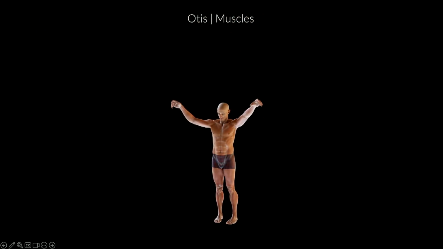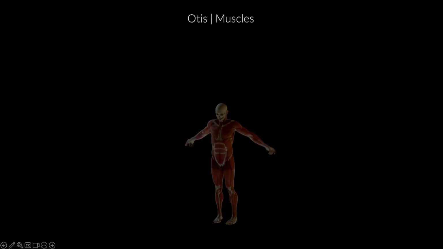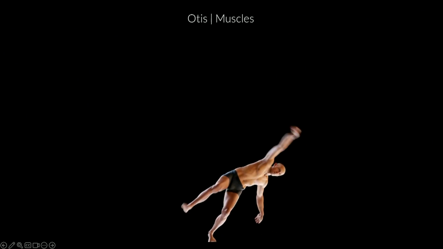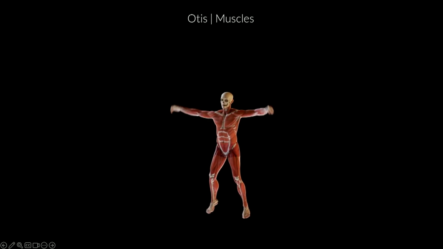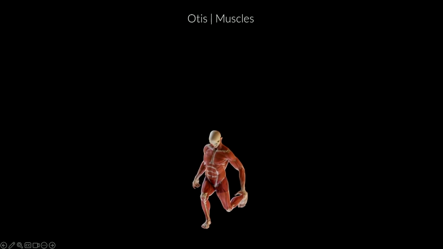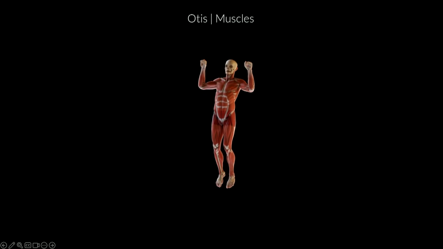And here's a quick example of how Otis was used for muscles to put this creature together in Houdini 21. There's a lot that goes on under the hood here. There's a whole simulation, of course, that happens, but there's the whole setup of the muscle system that we've worked on.